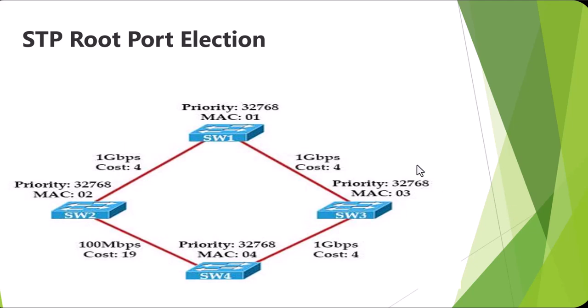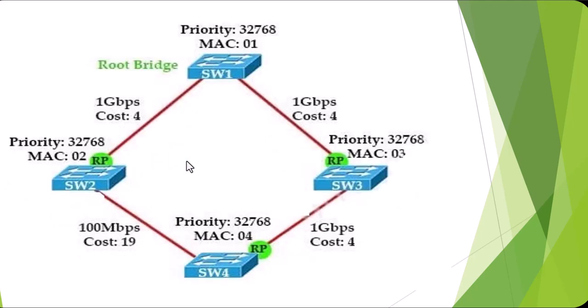So here in this topology, this one has the lowest MAC address among all the other switches. As you can see, all have the same priority. So this one is elected as the root bridge.